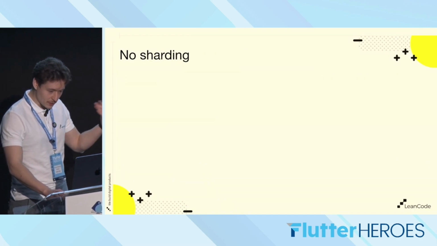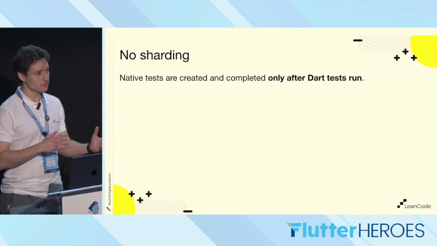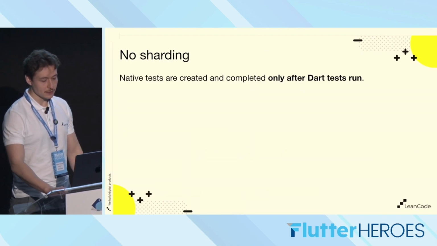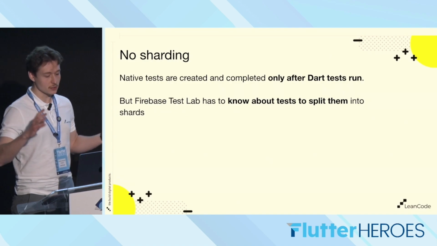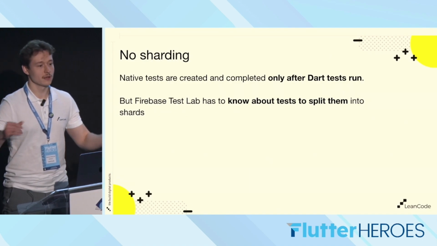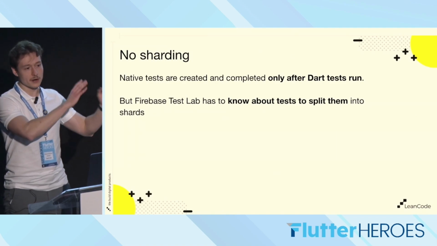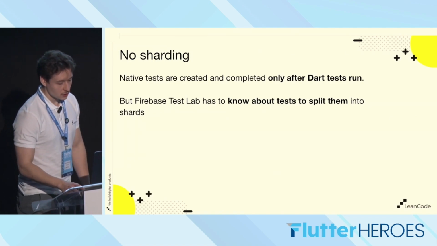Also, because of that, we cannot take advantage of something that's popular on device clouds, which is called sharding. Native tests can be sharded, and sharding means that the farm can split your 100 tests into, for example, 10 groups, and in parallel, launch your tests on 10 different devices.